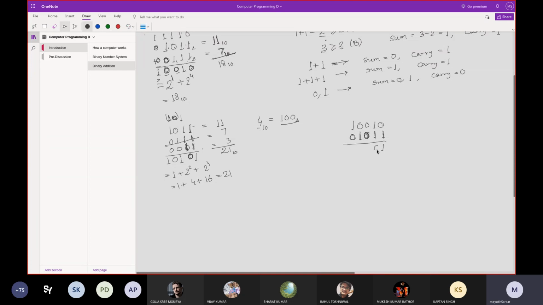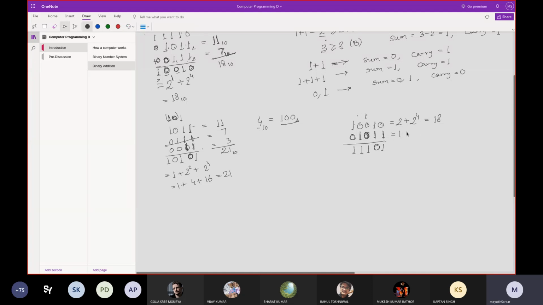So 1 and 1 is 0 again, and 1 comes here. Now 1 0 0 1 here, no carry. So 0 0 1, and again no carry here. So 1 1 1 0 1. Let's check whether it is correct. 2 plus 2 to the power 4 becomes 18.